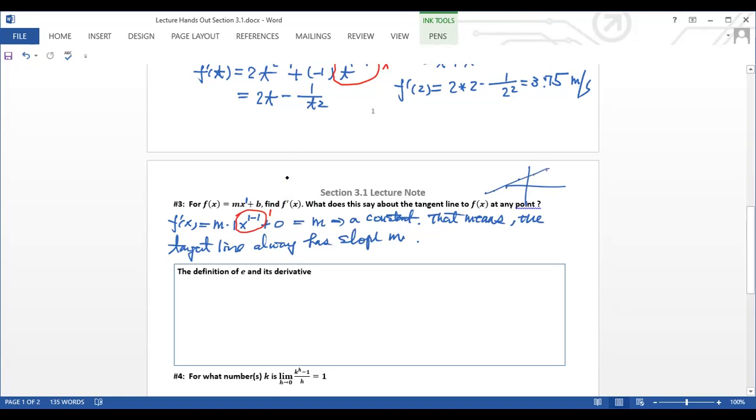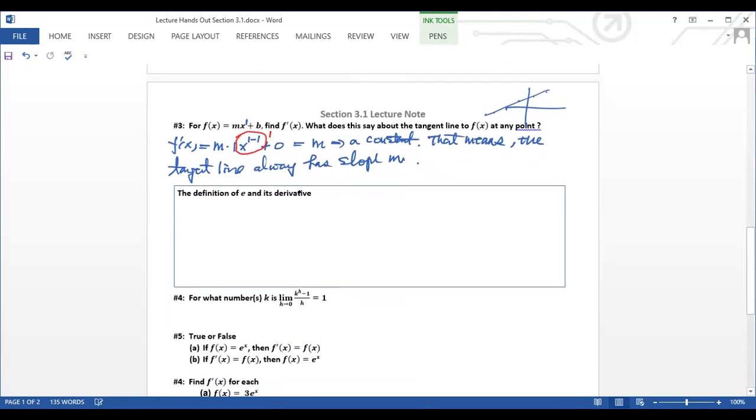Okay. All right. So now the next thing here, we're going to introduce these functions, the e functions. Okay, so the way we define e is like this. We said the number e is a constant.